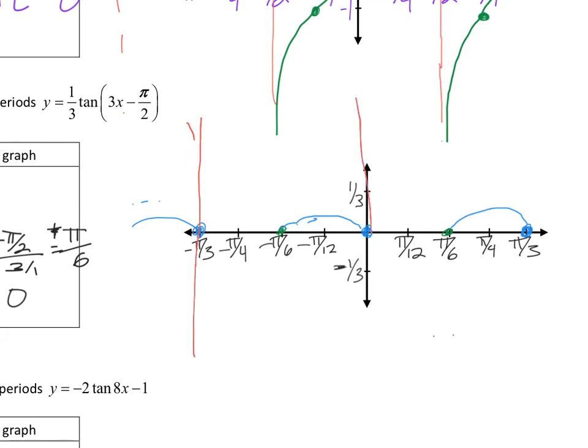1, 2, 3. I'm going to plot my points. I have a point in the very middle. Okay, we're going to do, yeah. Right in the middle of my asymptotes. I go forward and up, a little too high.